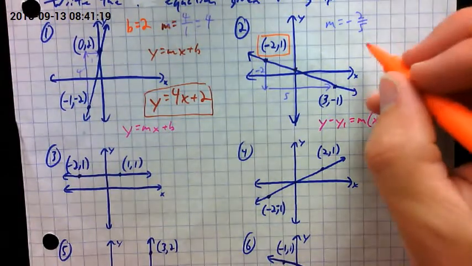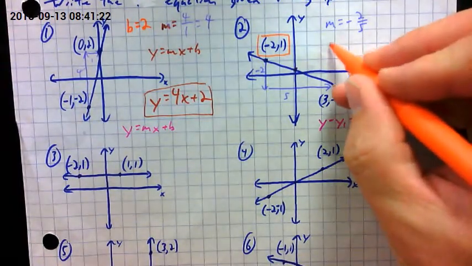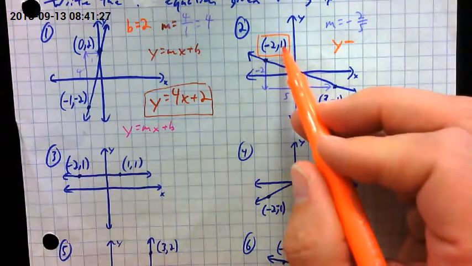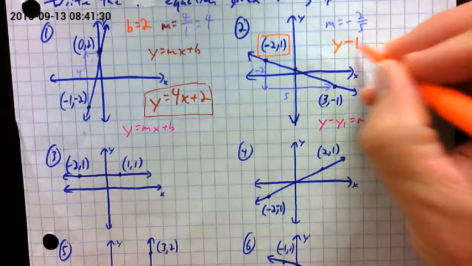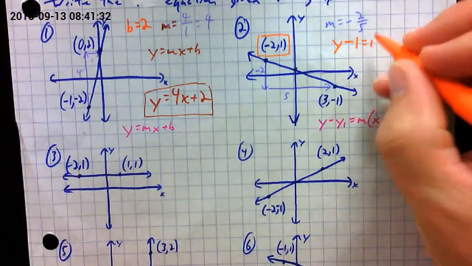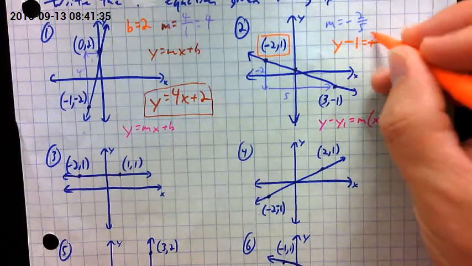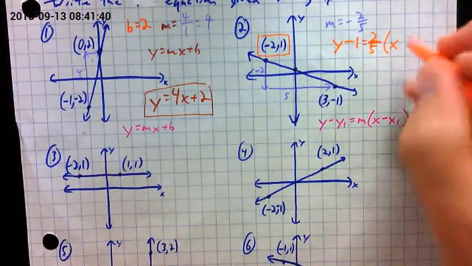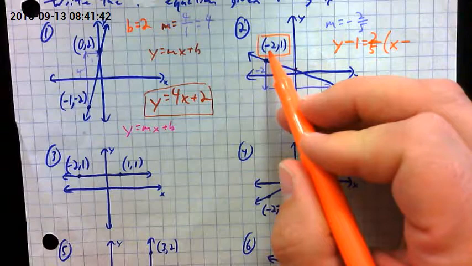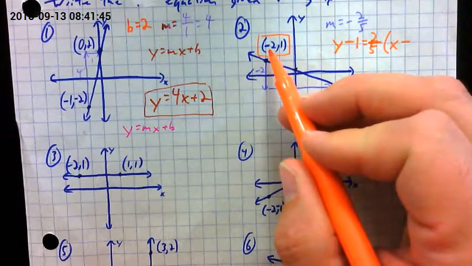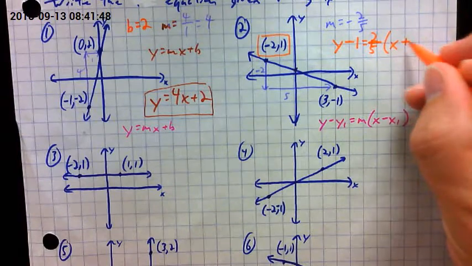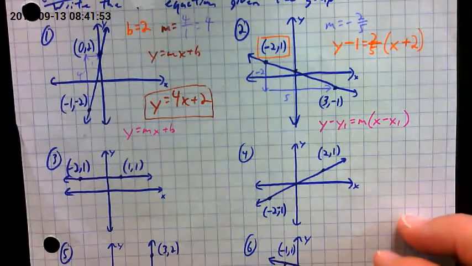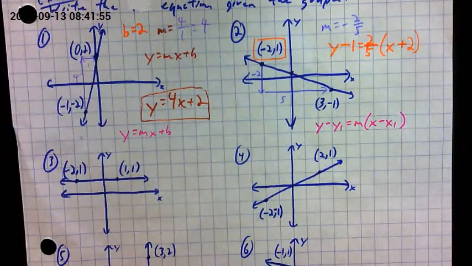If I did that, we'd plug it into this format: y minus the y value, which would be 1, is equal to m, which is our slope, 2 over 5, times x minus x1, which is the x value of our point. Since this is -2, when we plug it in, it's going to change this because the original sign is a negative. So it now becomes +2. And that would be an acceptable equation.